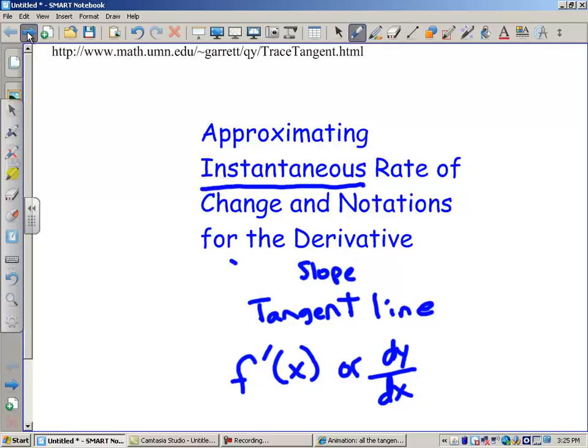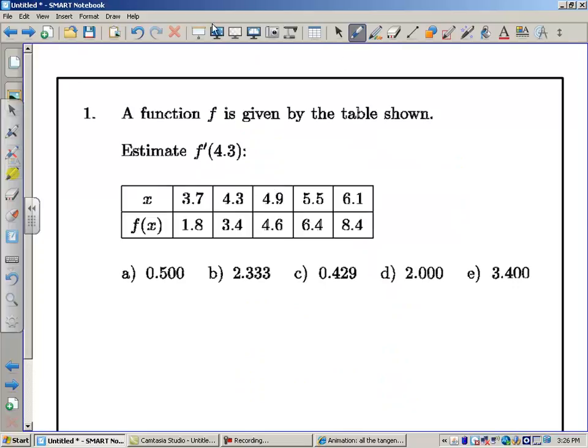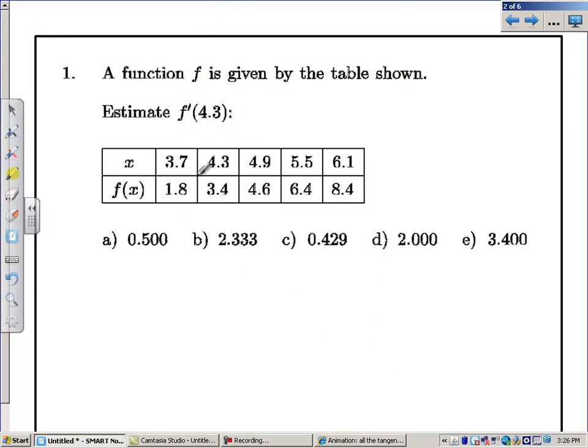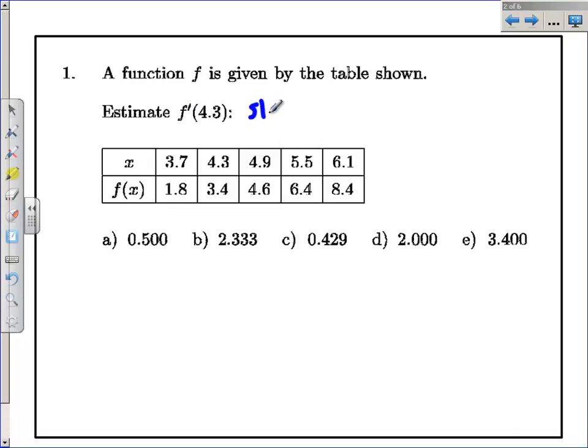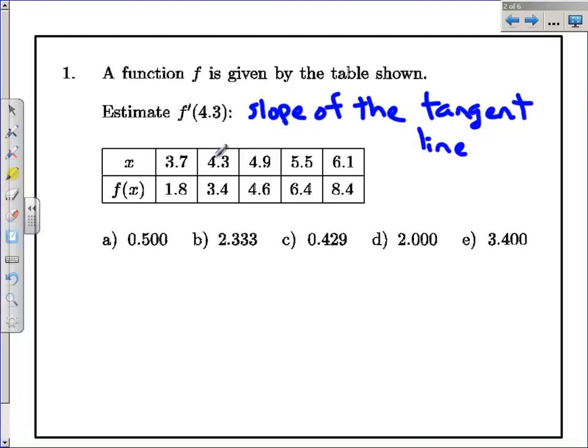All right, so let's get to a specific example. I've got a function that I've got 1, 2, 3, 4, 5 data points for, and I've got these 5 y values. What I want to do is estimate f prime at 4.3. That means what would the slope of the tangent line be at 4.3?